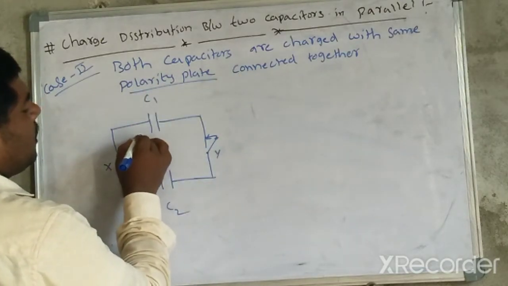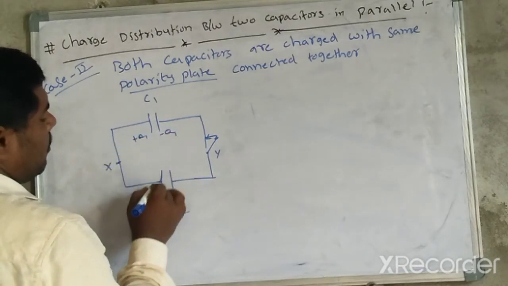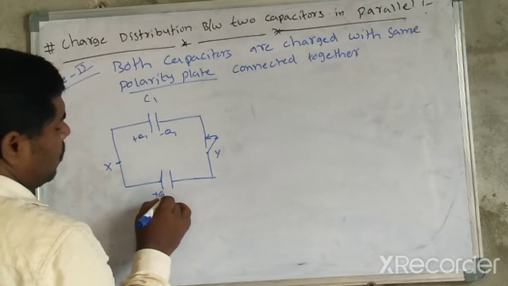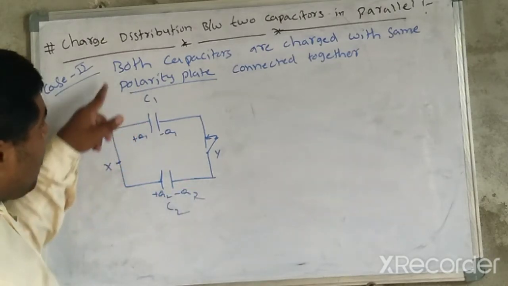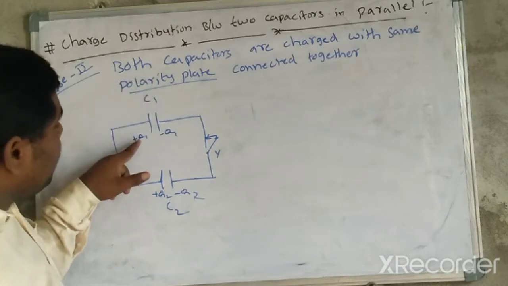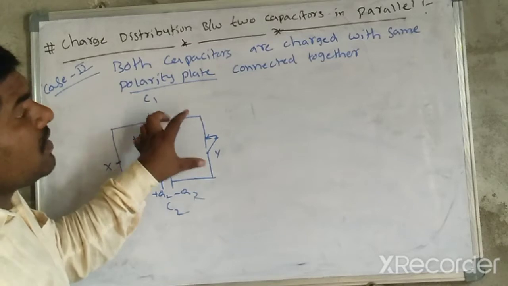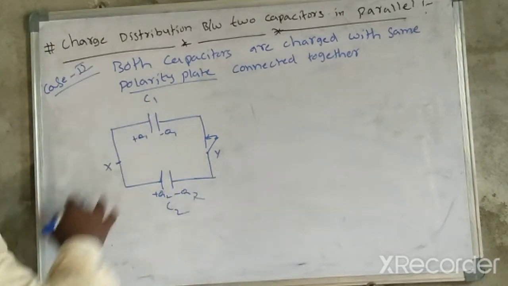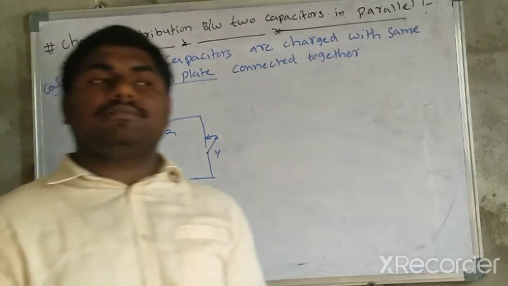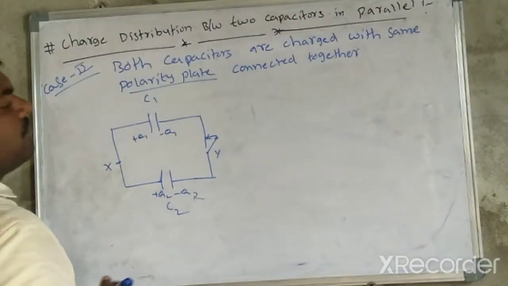Let us consider the charge distribution plus q1, minus q1, plus q2, minus q2, same polarities on one side and the same on the other side. After the switch connection, the potential difference across the capacitors will be as follows.